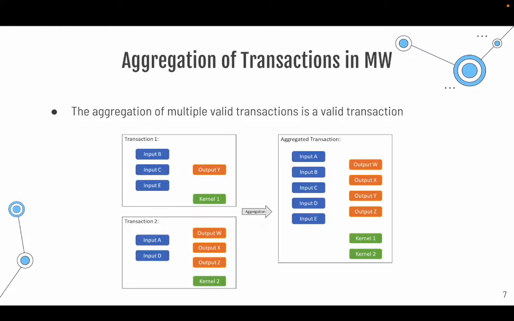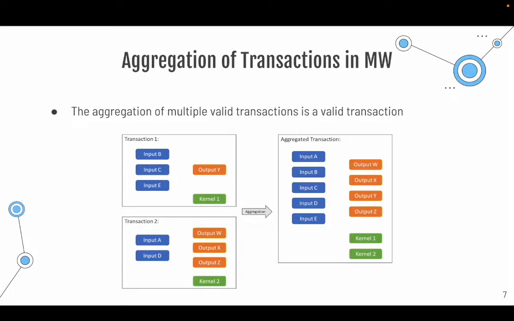Now we can see how the aggregation of transactions in MimbleWimble works. In this figure, we have two valid transactions. That means the sum of commitments in both of these transactions is 0.